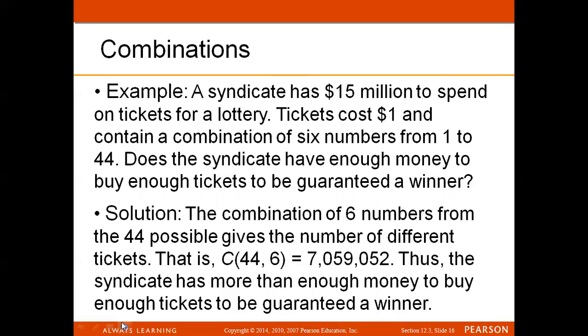That is combination 44 choose 6, which is 7,059,052. Thus, the syndicate has more than enough money to buy enough tickets to be guaranteed a winner, because they have 15 million, but we only got up to 7.